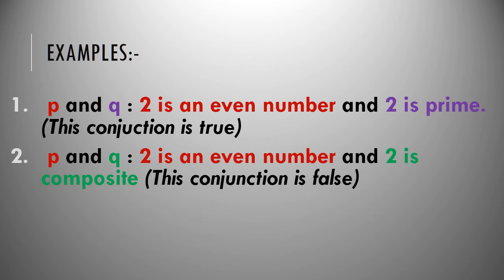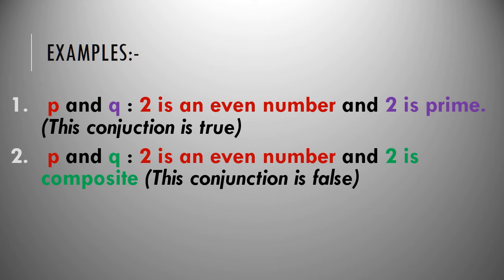Now this is a false statement. In the resultant statement, 2 is an even number and 2 is composite. This AND claims both the statements to be true for the whole thing to be true. So again, this half part is creating a problem. When one of the statements is false, the resultant statement will be false.